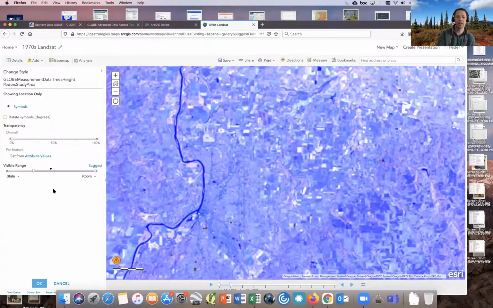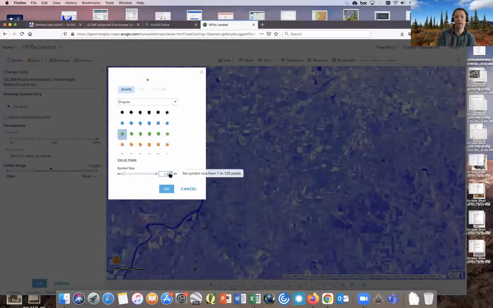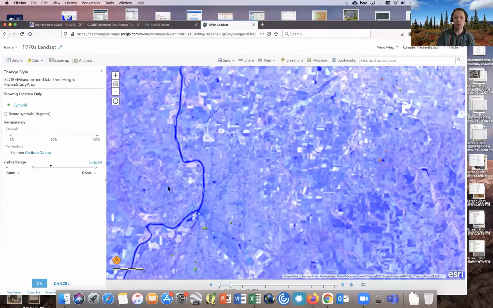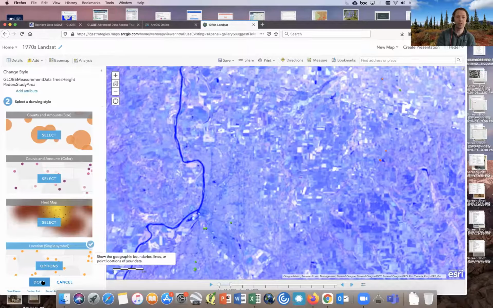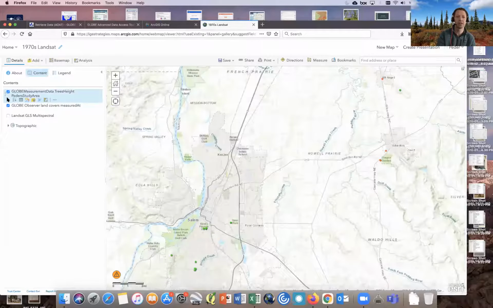And I can get in and actually change the symbology of this location to something like a green color, and I'm going to make it a little bit bigger. So you can play around with all of those different options. And now it's really kind of hard to see where those are. And so what I need to do is go back, and I'm going to turn off a couple of these other layers that were in there.